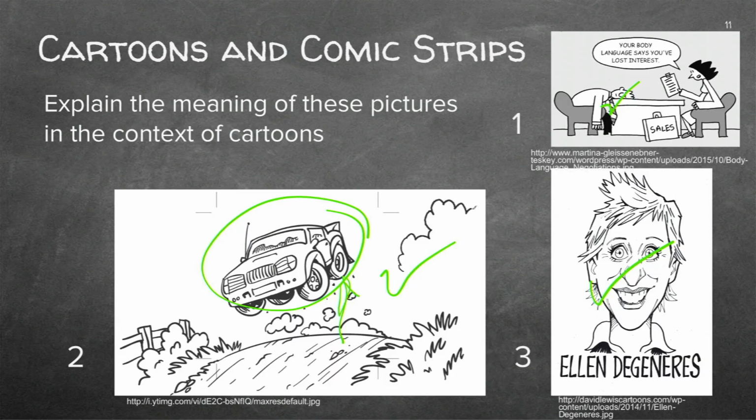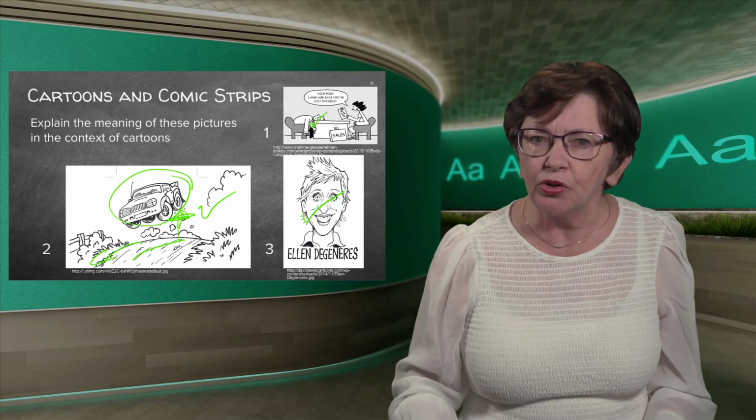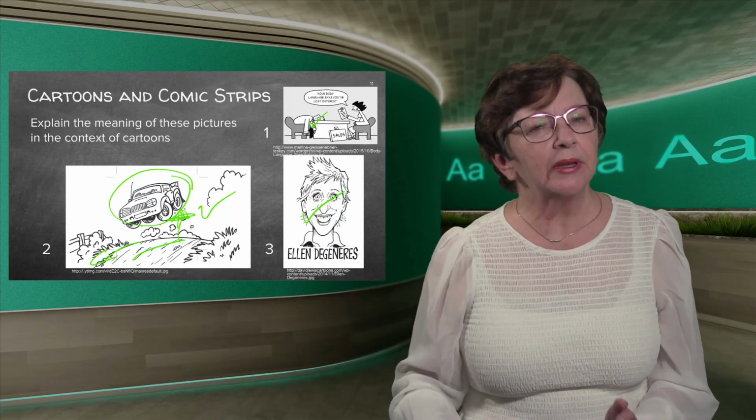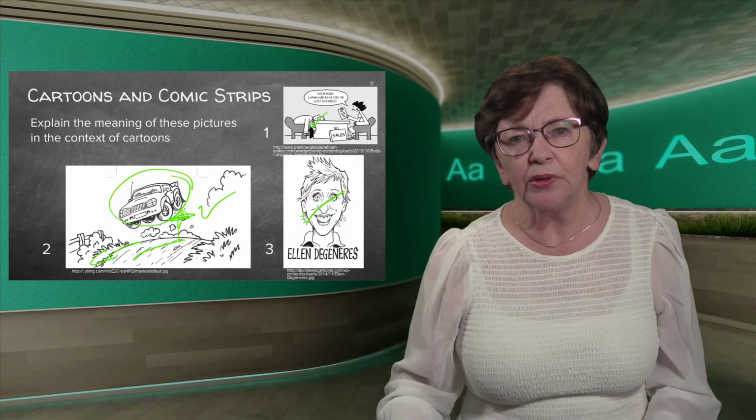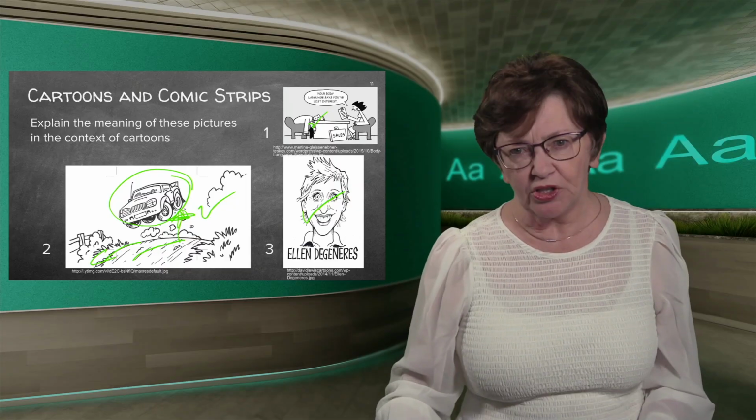Because the car is in the air and the lines go down, suggesting he's moving forward and at great speed. Easy enough, isn't it? So really quite simple. Look at comic strips and cartoons. Follow these rules. You're bound to get a very good mark for this question if you just remember the aspects to look out for.